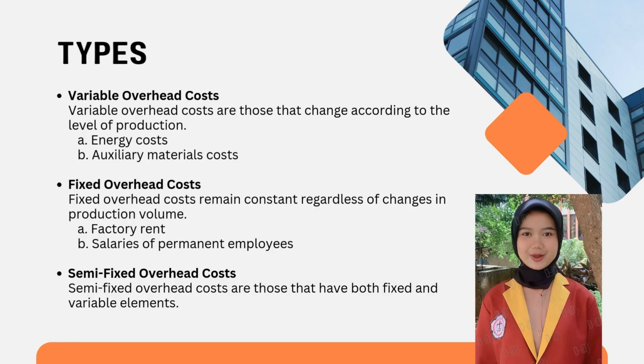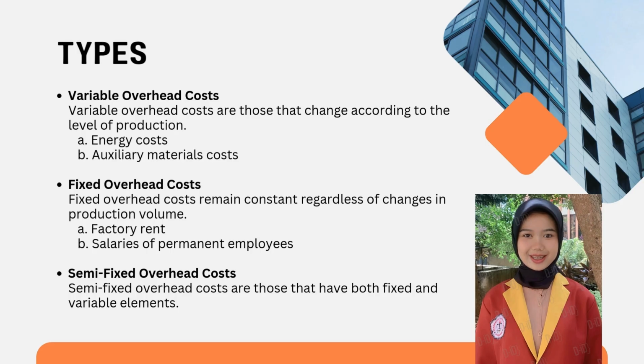Conversely, if production decreases, these costs will decrease as well. Examples of variable overhead costs include energy costs, electricity, gas, used to operate production machines. Auxiliary materials costs used in production, such as lubricants or cleaners for machinery.